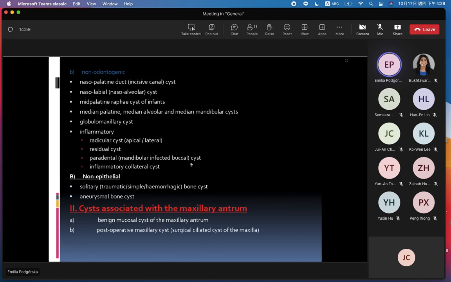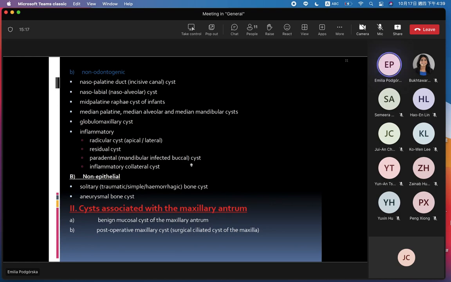This is another group: radicular cyst, residual cyst, paradental cyst, inflammatory collateral cyst, and non-epithelial cysts, solitary cyst, and aneurysmal bone cyst.